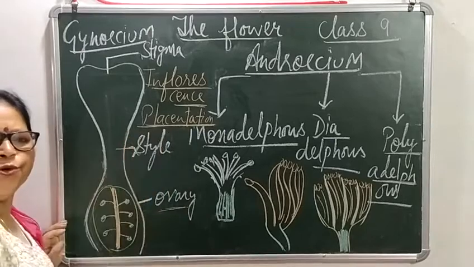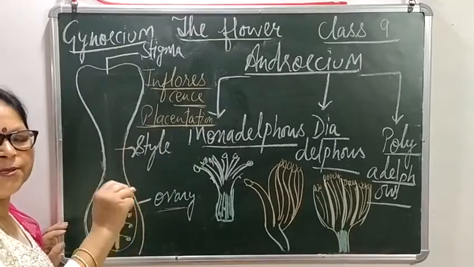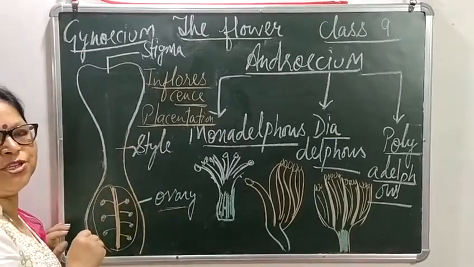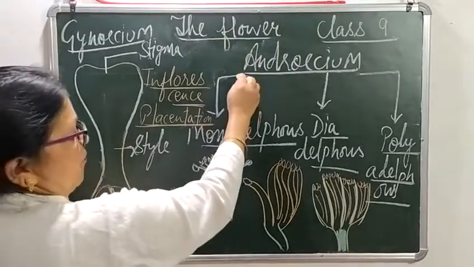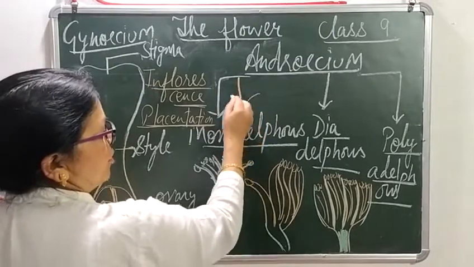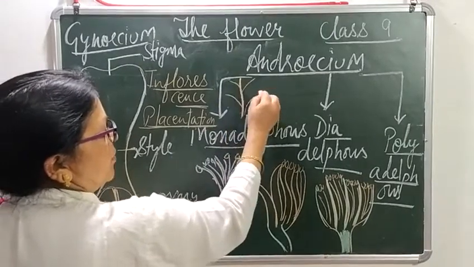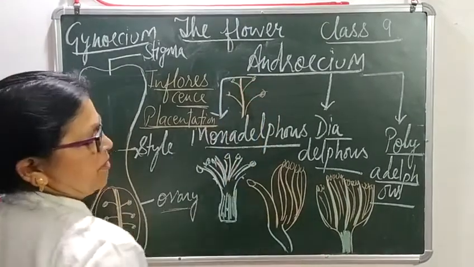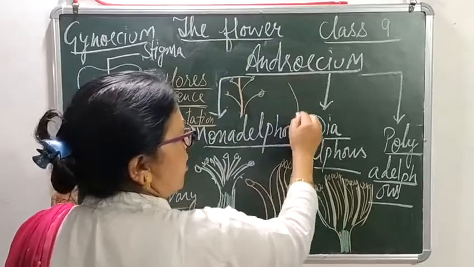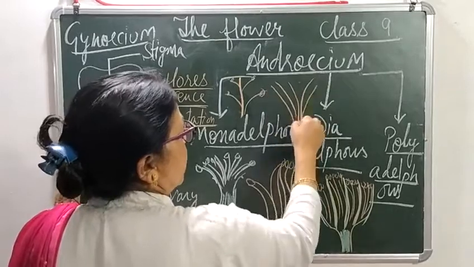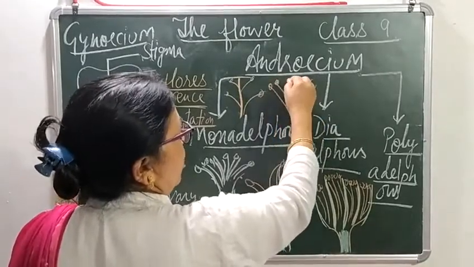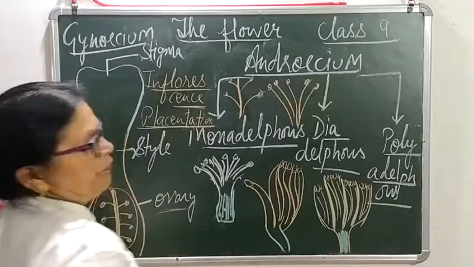And you might have noticed that flowers are present on the branches of the stem in various ways. Sometimes the flowers may be arranged alternately. This is flower, alternately they are present. Sometimes all the flowers are arranged at the tip. They come to the tip and all of them grow at the same height.